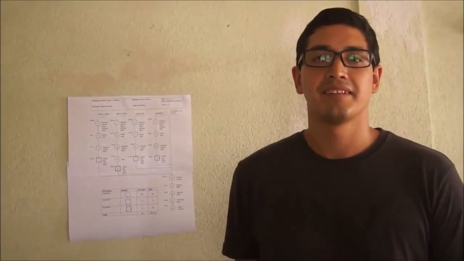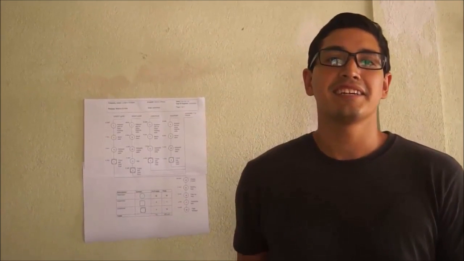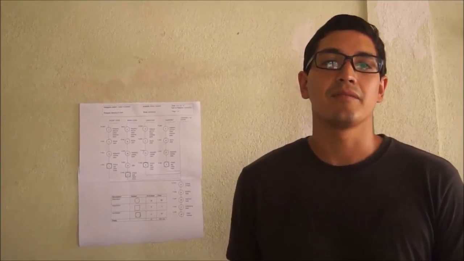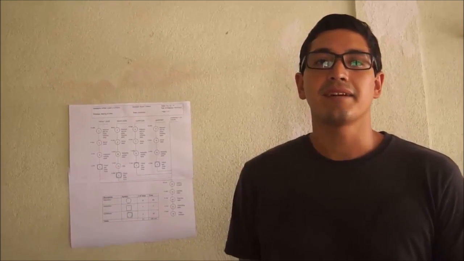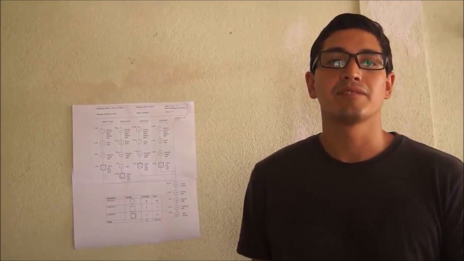Now my partner will explain the diagram. Operation diagram. This diagram is a graphic representation of the operation and inspection in a production process. In this diagram, we include the following symbols.